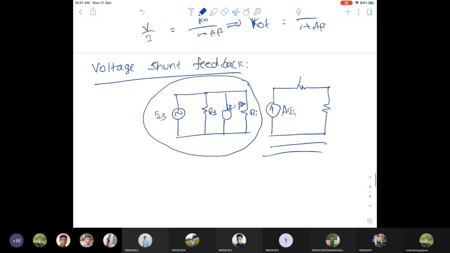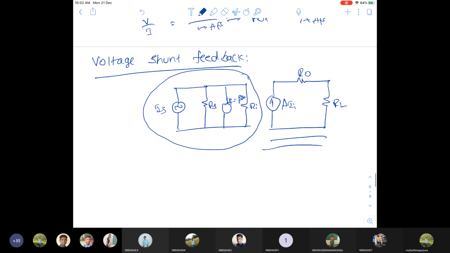So we are calculating output impedance. The output part is the same, so the derivation will be the same. Again, you can remove the load resistance from the circuit.